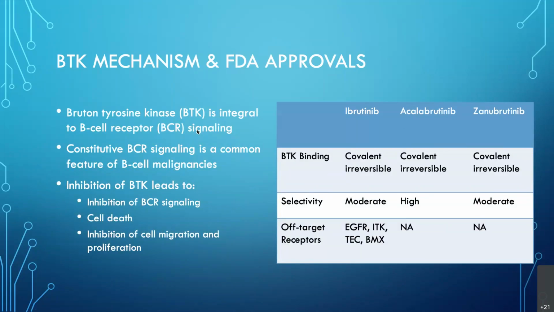Looking at our different inhibitors on the right, we can see they vary in selectivity for BTK, and ibrutinib, being our first generation agent, also has off-target effects on EGFR, ITK, TEC, and BMX.